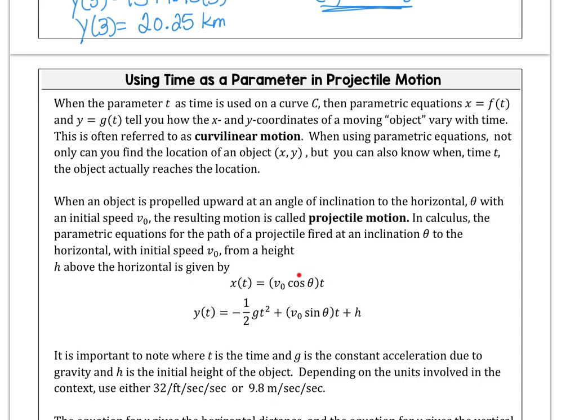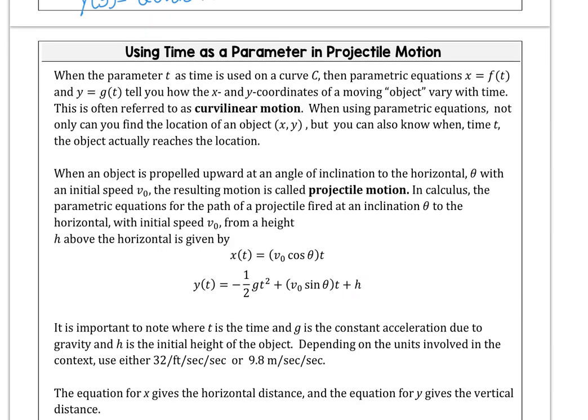We're going to use these two general equations. X of t is the velocity times cosine of theta times t, and y of t is going to be that parabolic shape, negative 1/2 g t squared, where g is the gravity, plus v sub naught sine of theta times t plus the initial height.